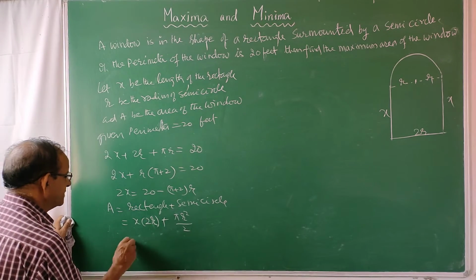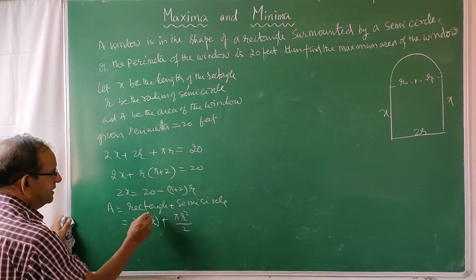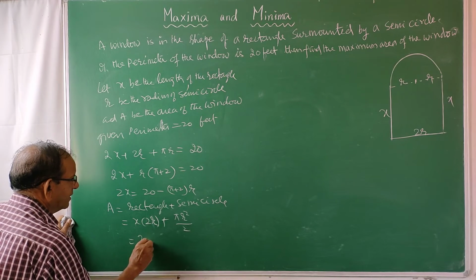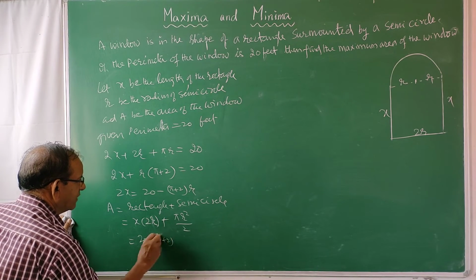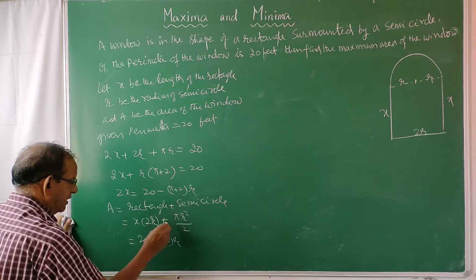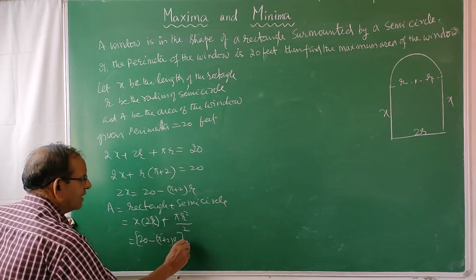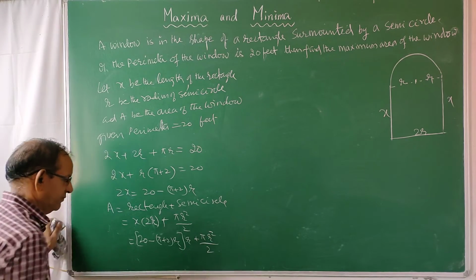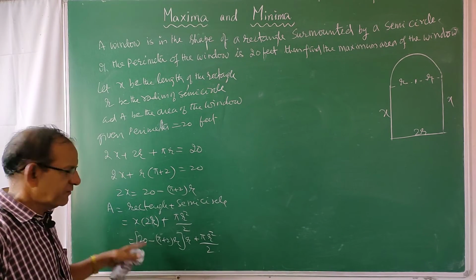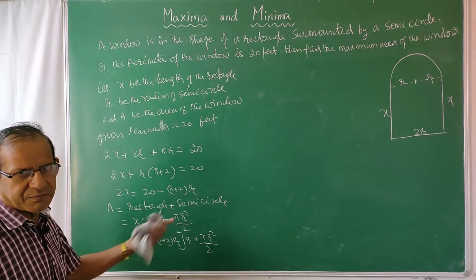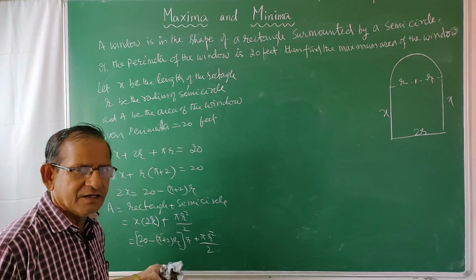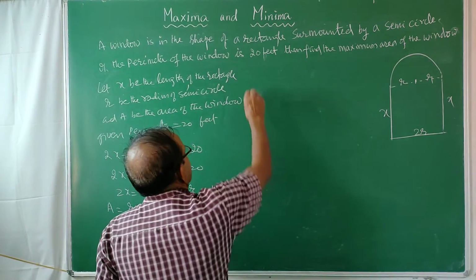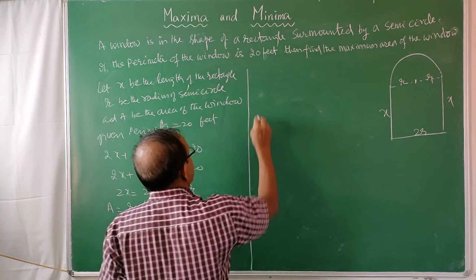So that is 2 into x, which is 20 minus pi plus 2 into r, plus pi r square by 2. Now the area is converted to terms of r. In the previous case we converted r into terms of x.